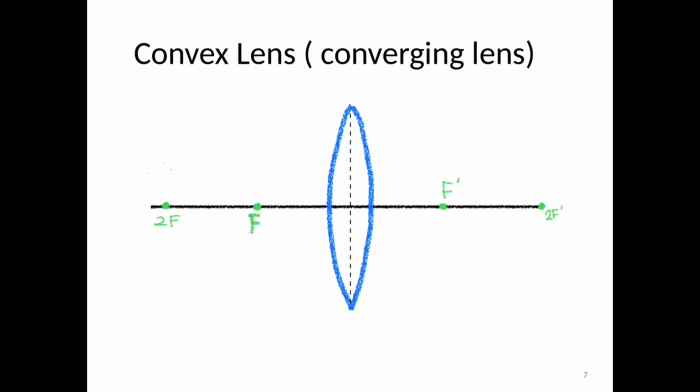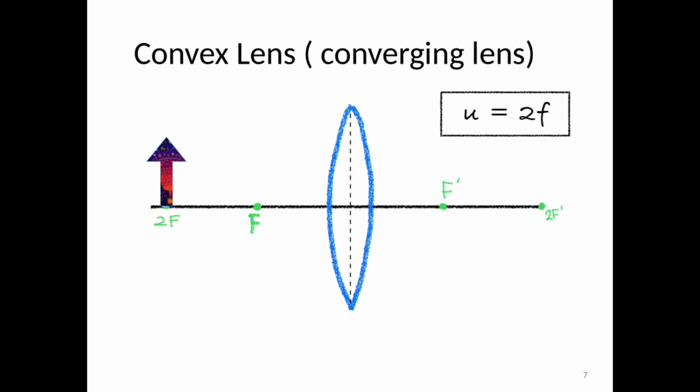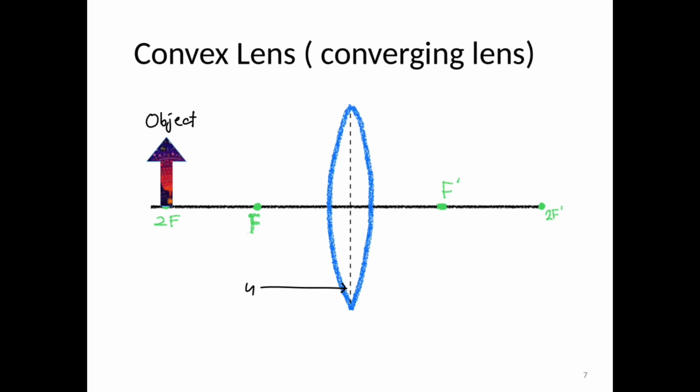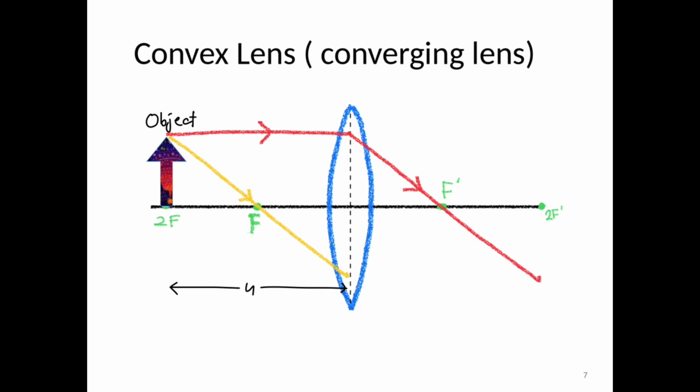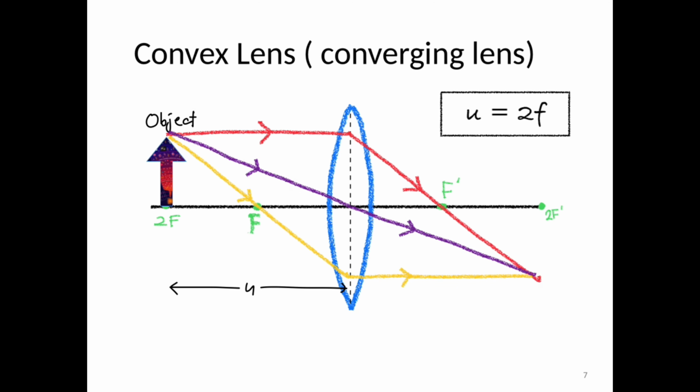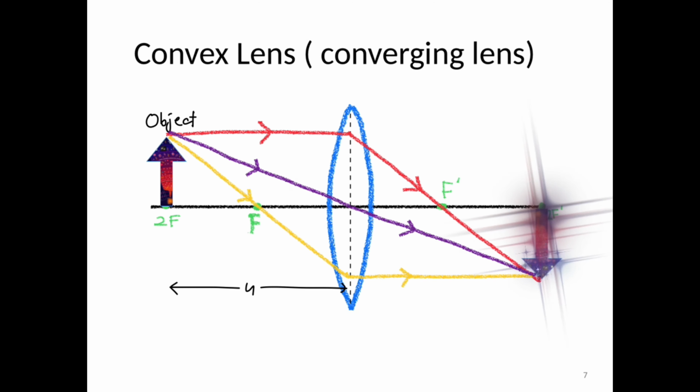Okay, just like the first one, we need to draw a 3-ray diagram, where the first one is a parallel line, okay, passing through the center, and it will be refracted or bent to the focal point. And the second one, the yellow line, okay, passing through F and going to be a parallel line.